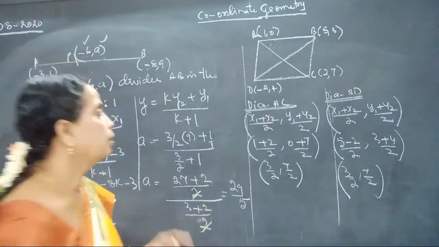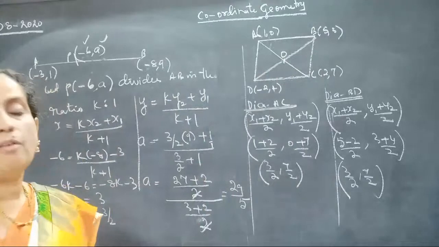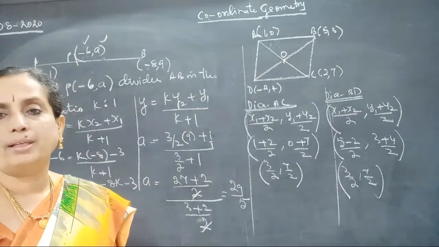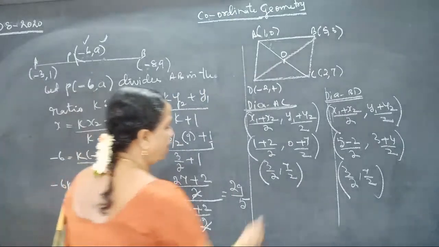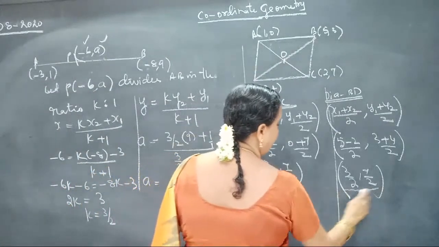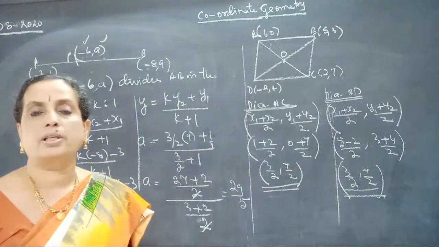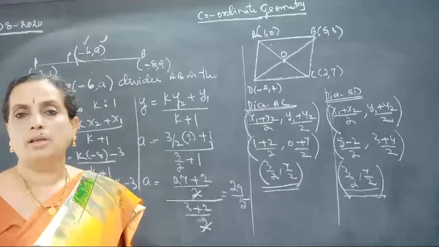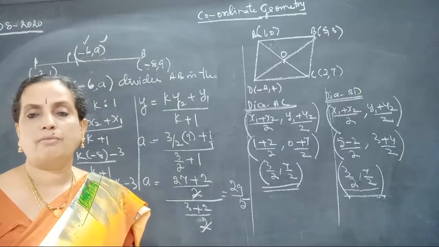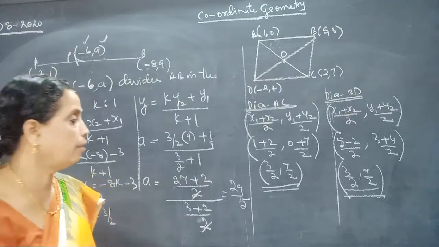That means the midpoints of the two diagonals have the same ordered pair. Here we have the same ordered pair. That shows that diagonals bisect each other. I hope it is clear with the property usage of the section formula with the midpoint formula. Check it once.